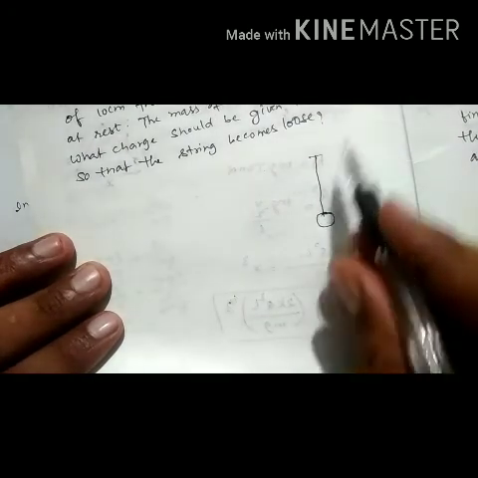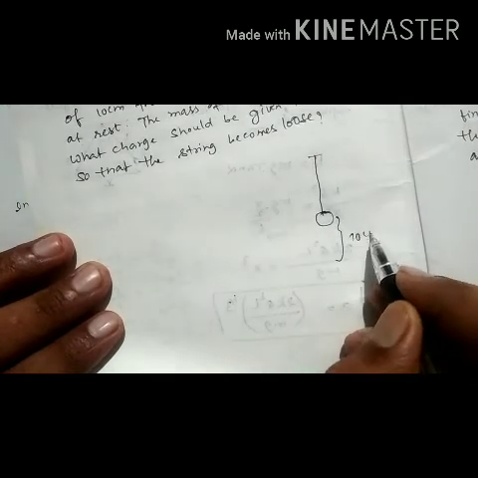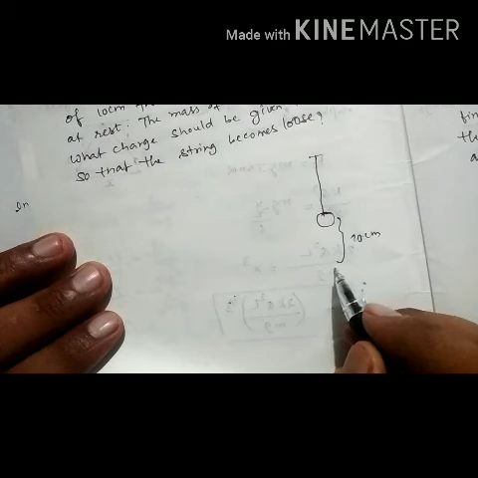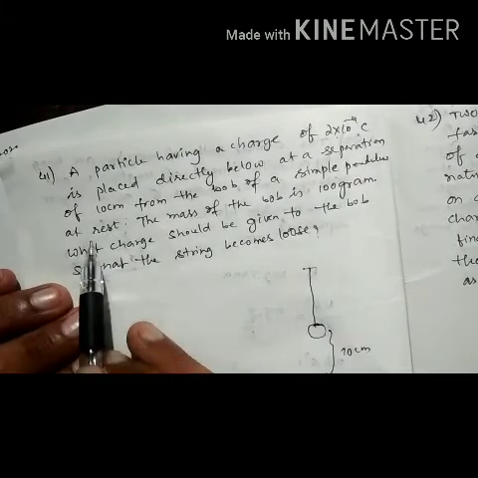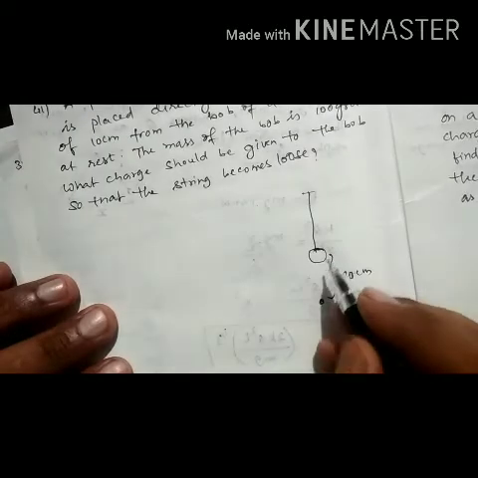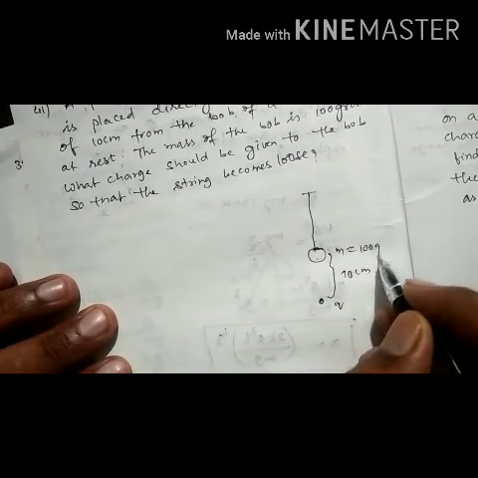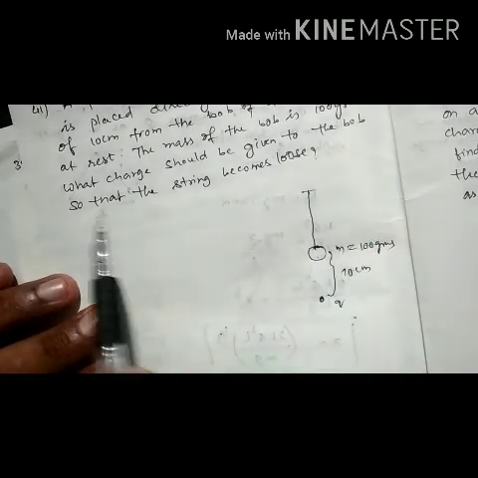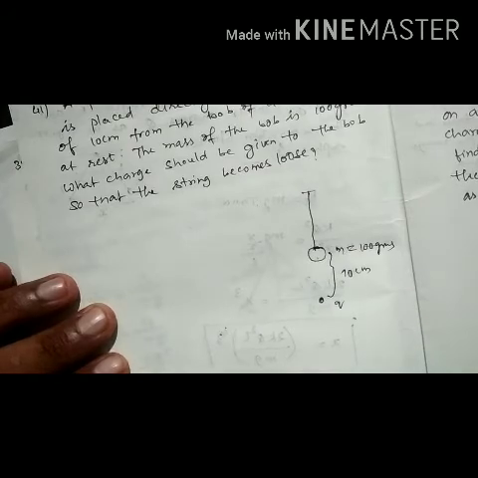A charge q is placed directly below it at a distance of 10 centimeters. The simple pendulum bob is at rest. The mass of the bob is 100 grams. What charge should be given to the bob so that the string becomes loose?